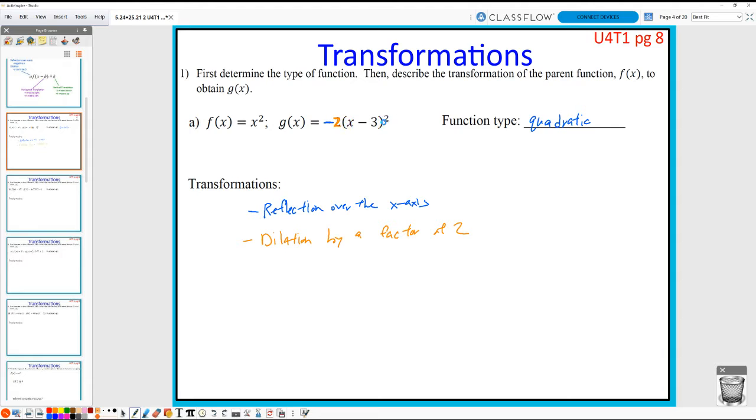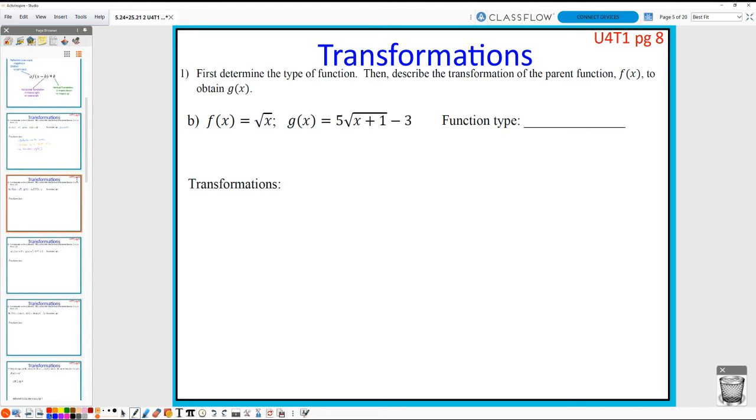It's not outside of the main function like this. It's inside, being done to the x directly. So therefore, I know that this must be a horizontal translation. And again, the sign is opposite. Minus means to the right. Right 3.